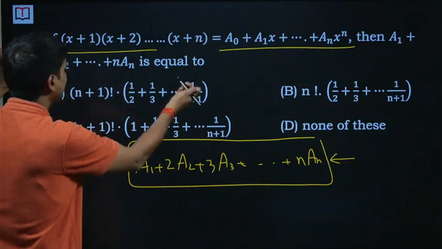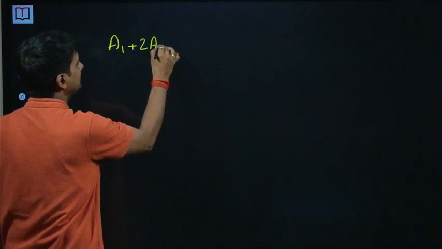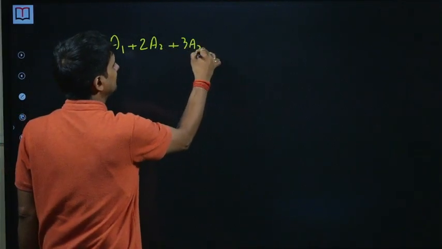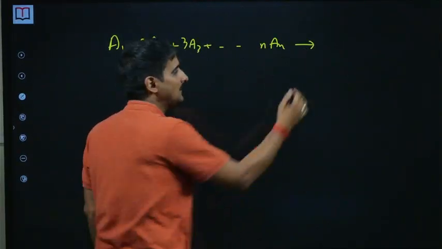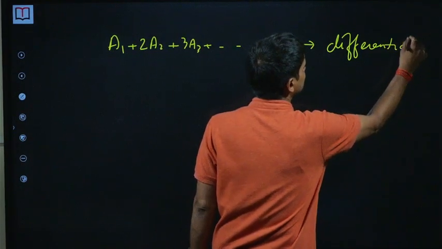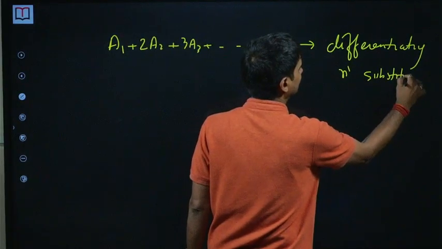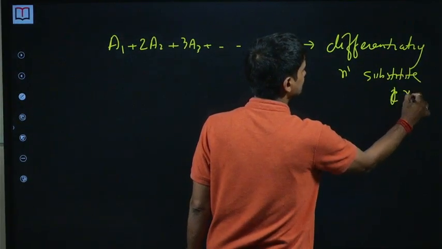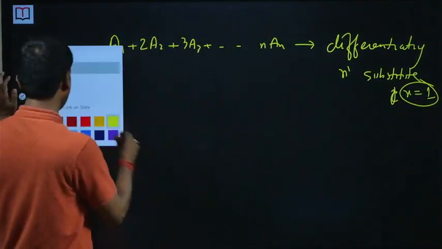When we differentiate the RHS, we are going to get a1 plus 2a2 plus 3a3 plus up to n a n, after differentiating and substituting x equal to 1. That's what we'll get. Now the entire focus is on the LHS here.